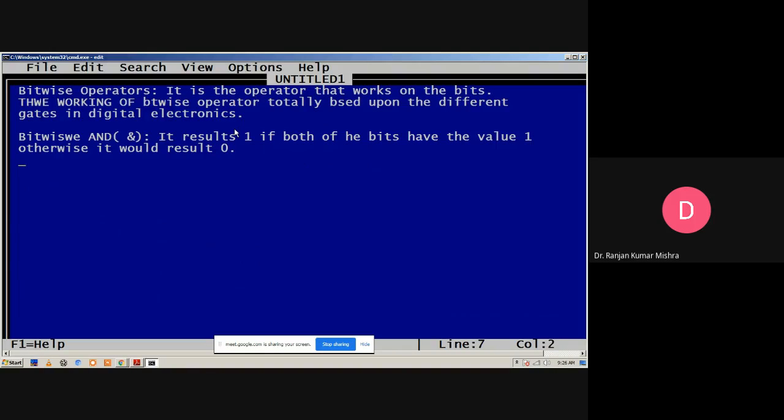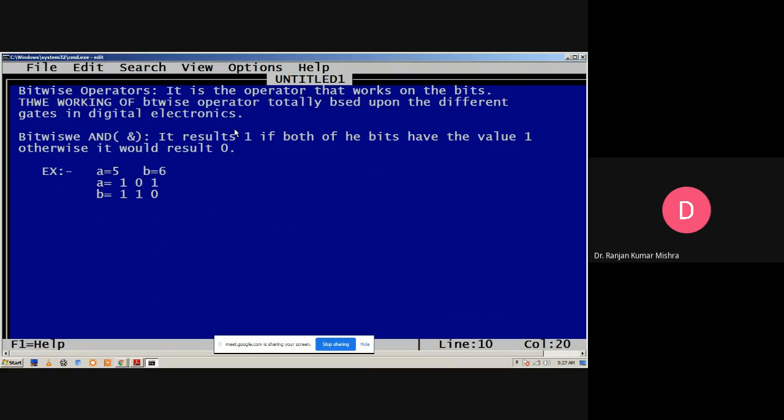For example, suppose the value of a equals 5 and the value of b equals 6. In binary format, a is 101 and b, that is 6, is 110. Clear? So basically this is the concept.